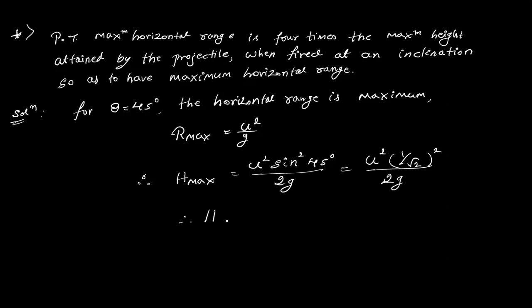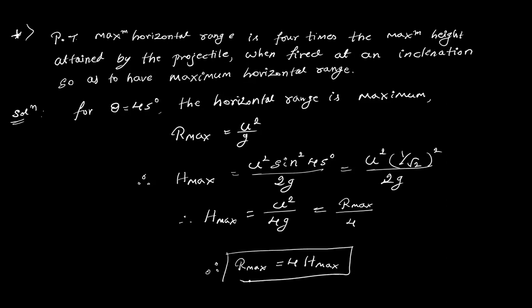Therefore, H maximum is equal to U square divided by 4G. Okay. So here U square by G is R maximum, right? So that divided by 4. Therefore, R maximum is equal to 4 into H maximum. So it is 4 times the maximum height.